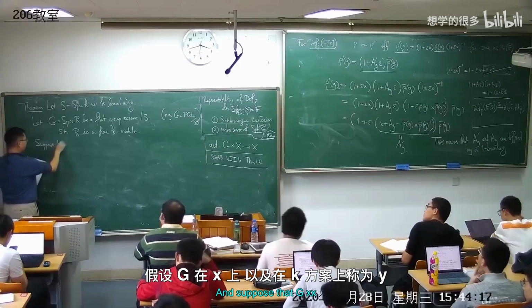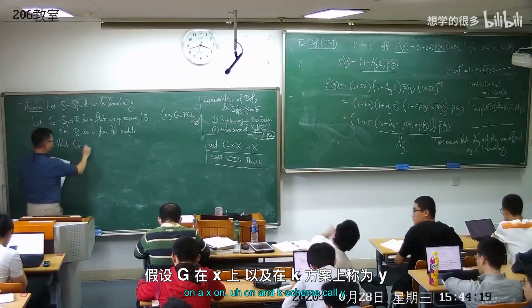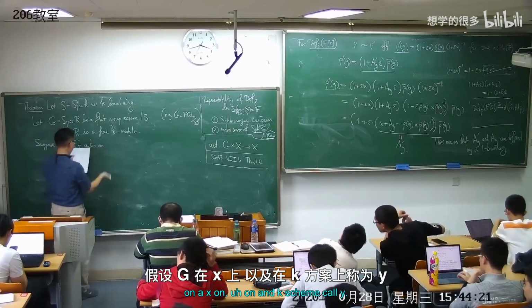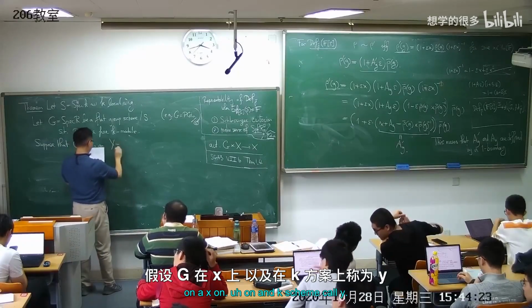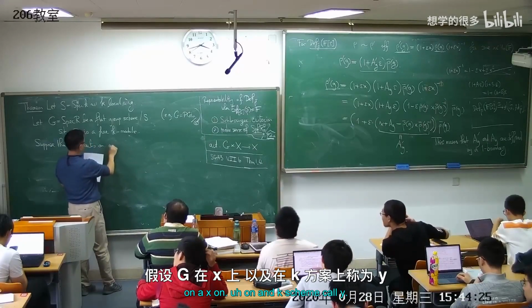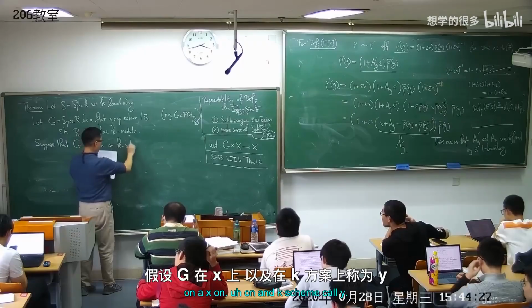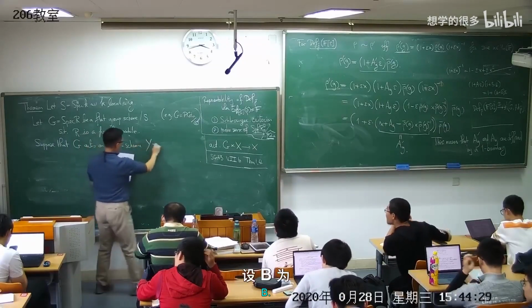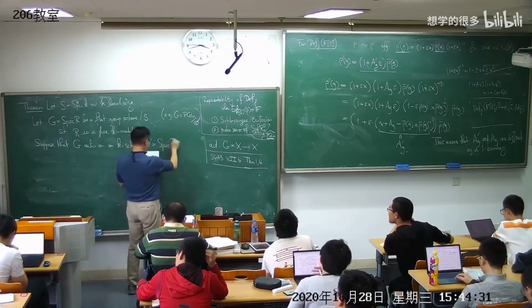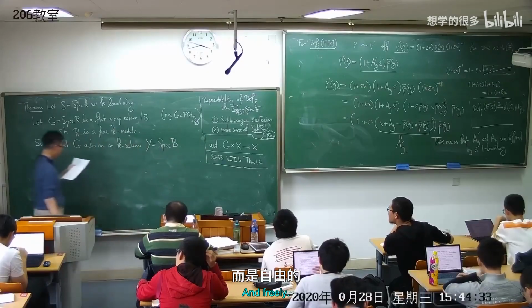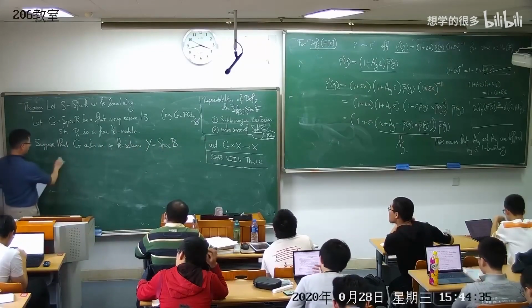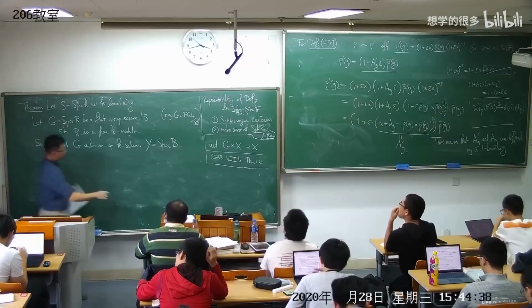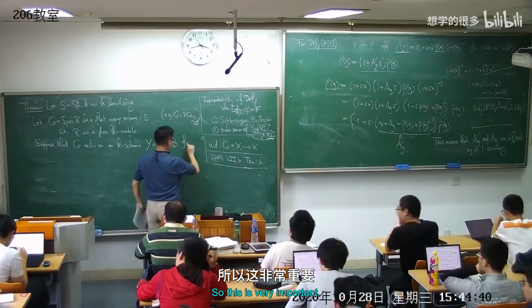that G acts on a K-scheme, call it Y, let's write Spec of B, and freely. So this is very important.